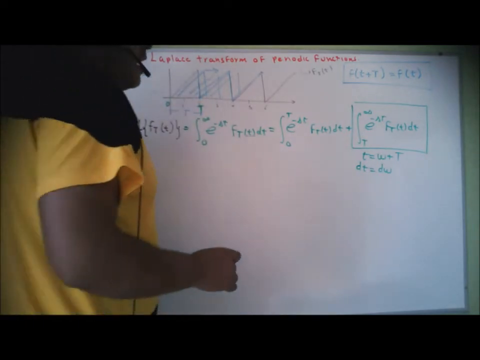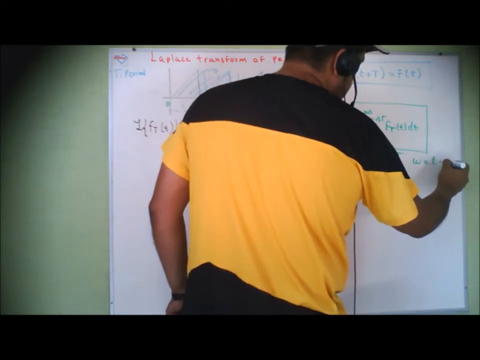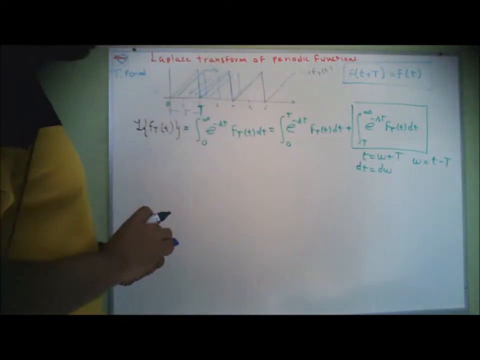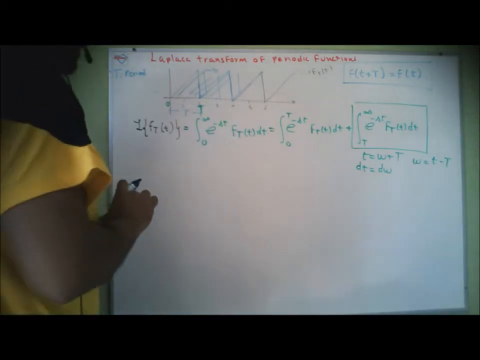And then w is actually t minus capital T. Okay, so let's do the replacement.